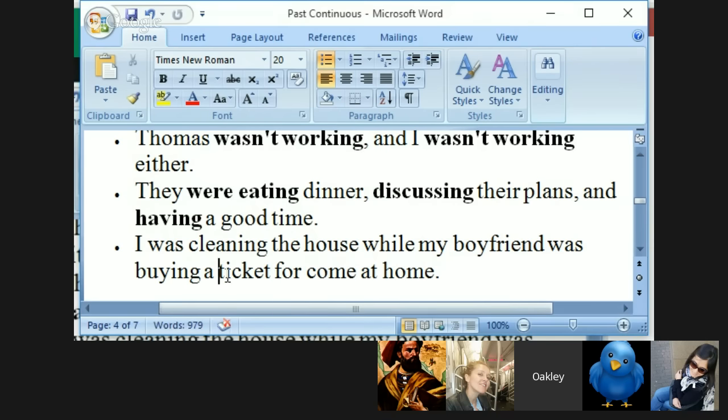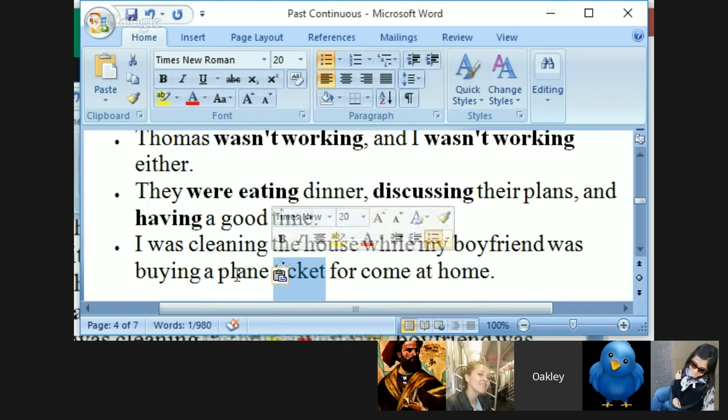It's a plane ticket. So plane goes in the front because plane is being used here as an adjective to describe what kind of ticket it is. It's not a ticket plane. It flies tickets around. No, it's a plane ticket. It's a ticket for planes. For coming home, buying a plane ticket.